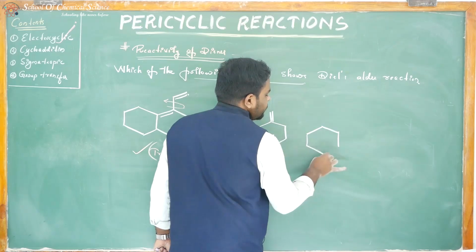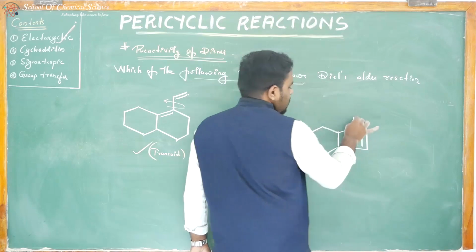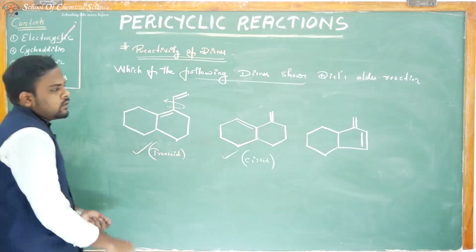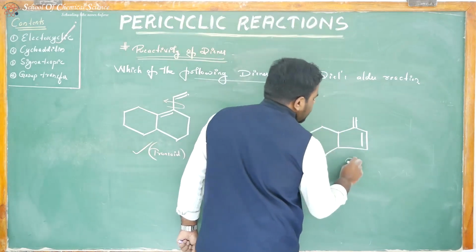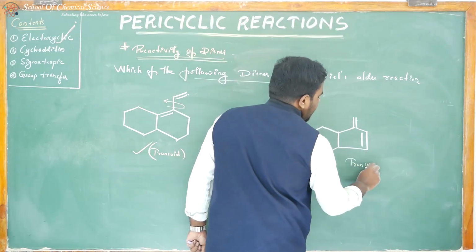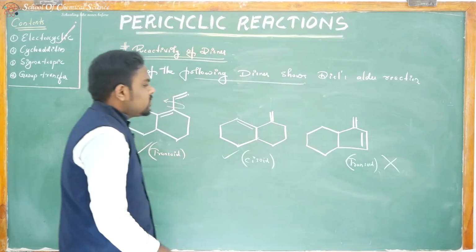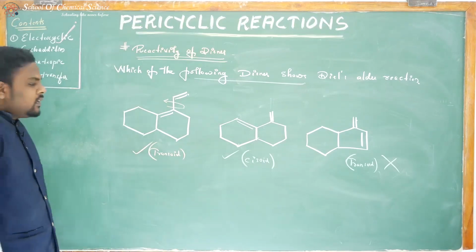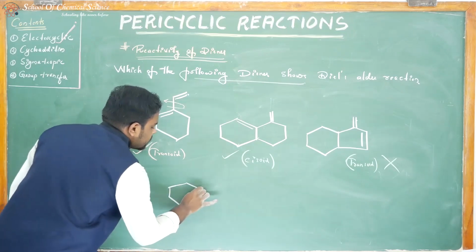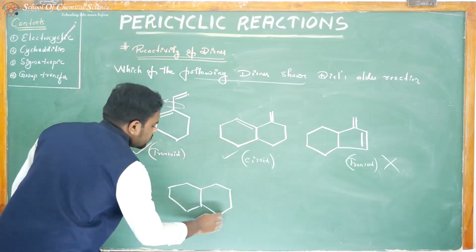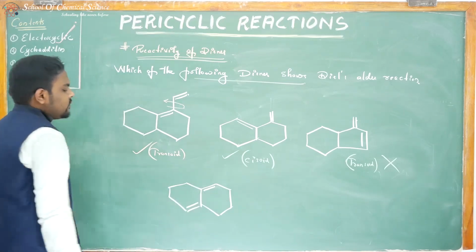Next one. What about this one? The two double bonds are on opposite sides, so it is in transoid form, and free rotation is not possible. So it does not show Diels-Alder reaction. Okay. Next one. What about this one?